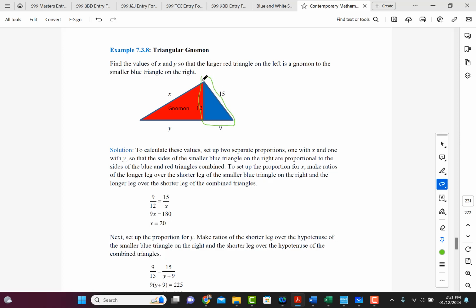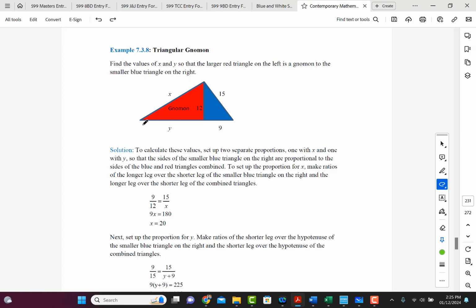Now, again, if this is a gnomon, if this red triangle that we're adding to the rectangle is a gnomon, then the resulting triangle, which is the larger blue and red triangle, has to be similar to the smaller blue triangle, which means corresponding sides must be proportional. This is what I mean.